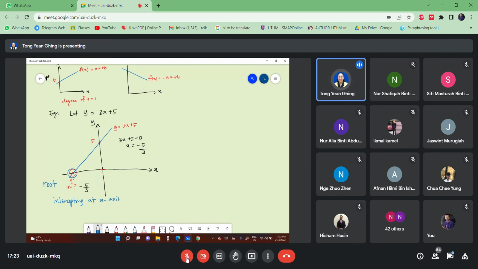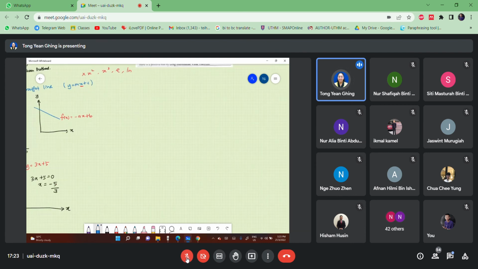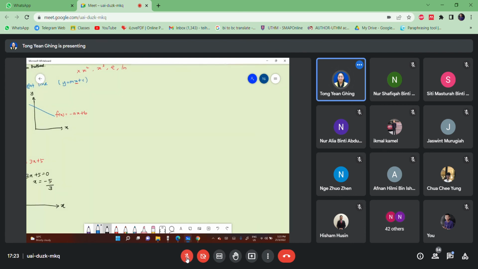But if let's say this is a non-linear equation, that means it is not a straight line graph. So it will be difficult for us to find this root, the value of x when it intercepts at the x axis. Let's say I give you an example of the non-linear equation.